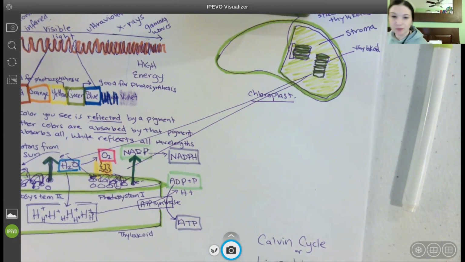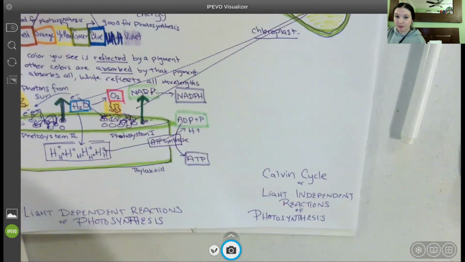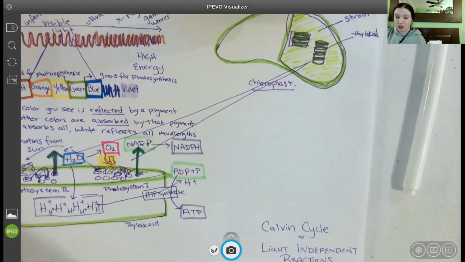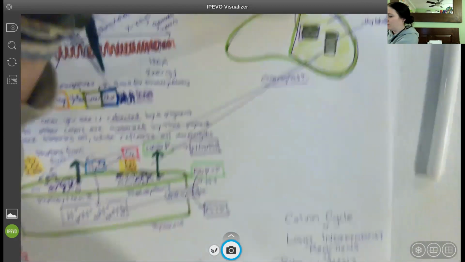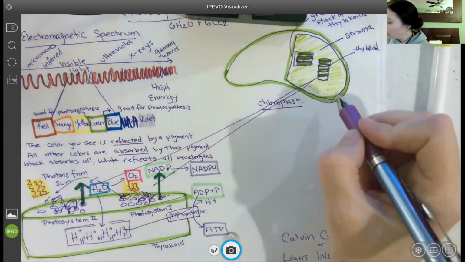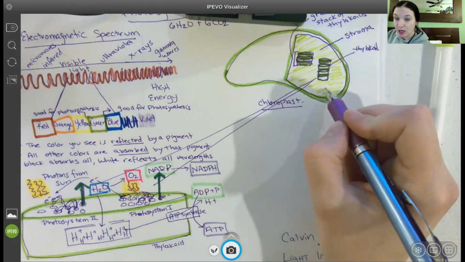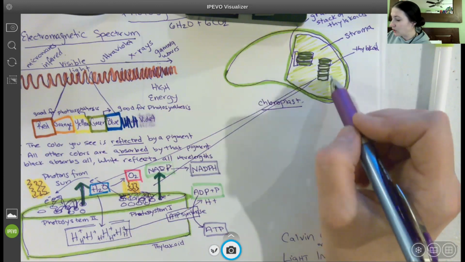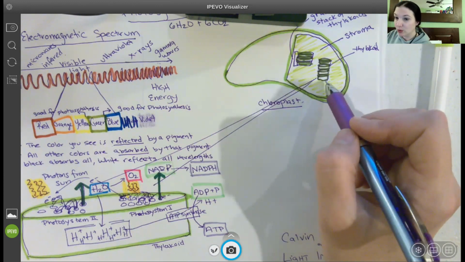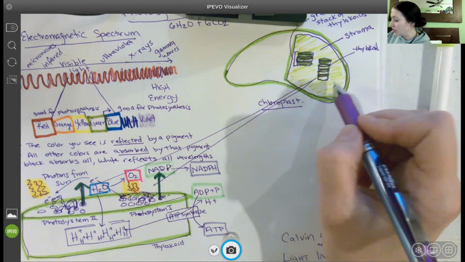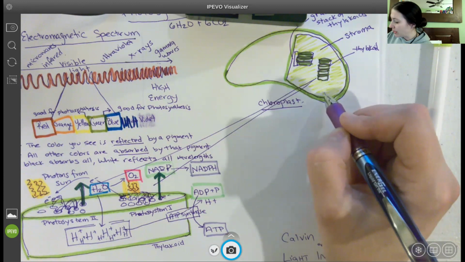Almost did it again. Okay, so sorry about that. Okay, so all of this takes place in the stroma. So inside your chloroplasts, you have thylakoids stacked in grana. One of them's a granum, but whatever. And then the stroma is all the space that's not there. And the stroma is where the Calvin cycle happens.